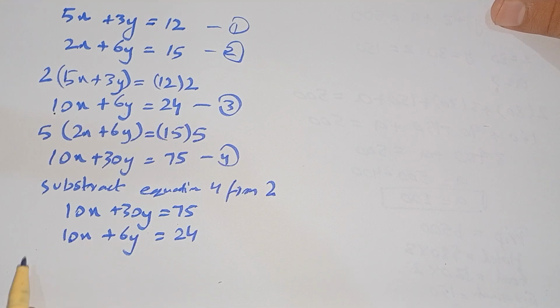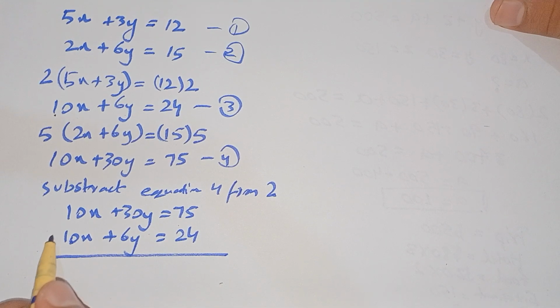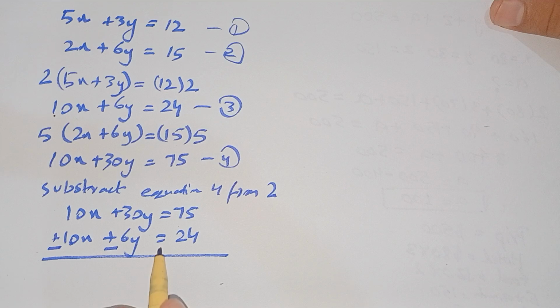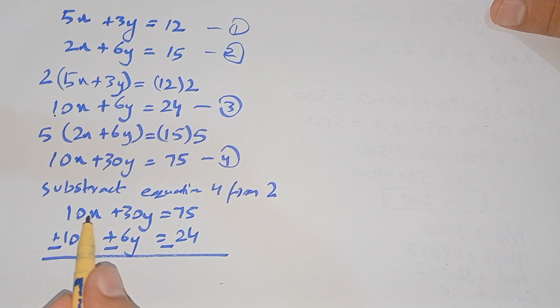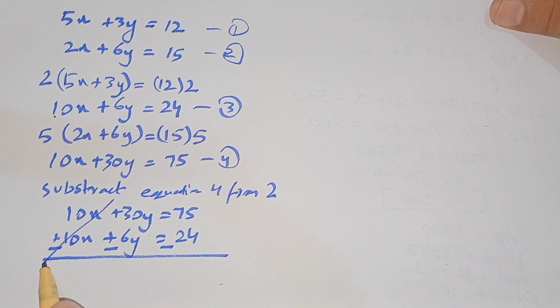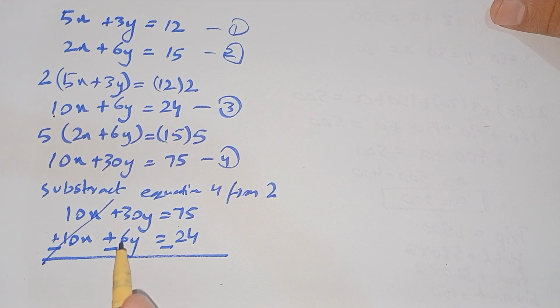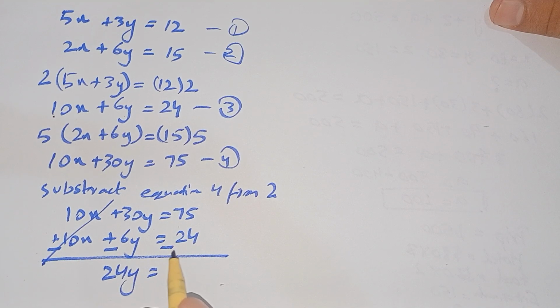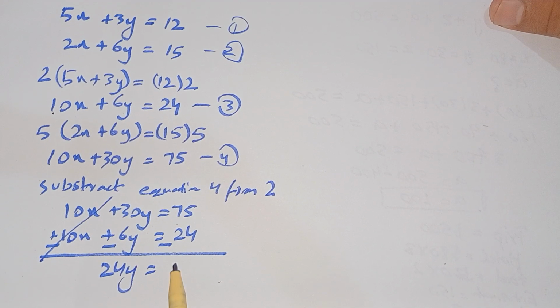Now we change the sign, so plus 10x and minus 10x cancel out, and 30y minus 6y is 24y. 75 minus 24 is 51.